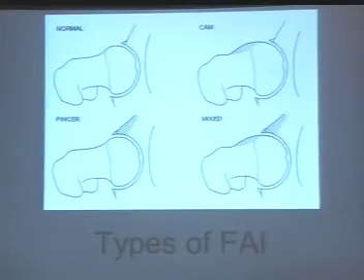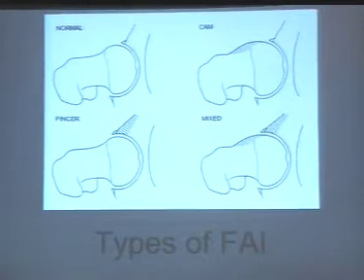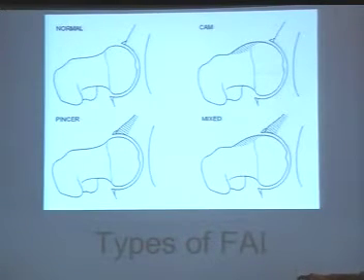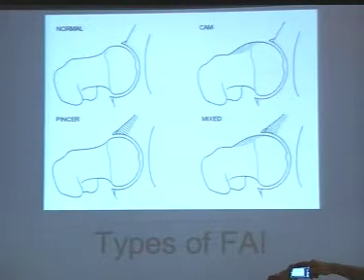So if we see here, the first one is a normal hip with a spherical head, but the cam lesion shows an impinging lesion which forms an increased offset at the head and neck junction, which is responsible for the painful symptoms during the normal range of movement in the hip joint.